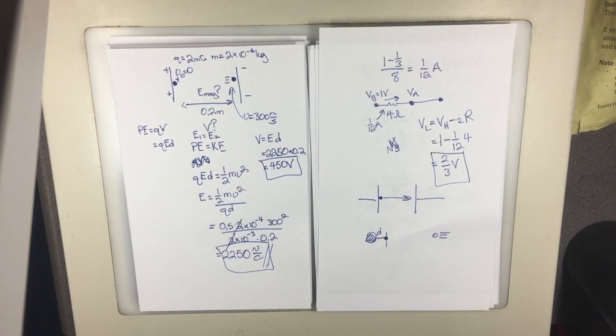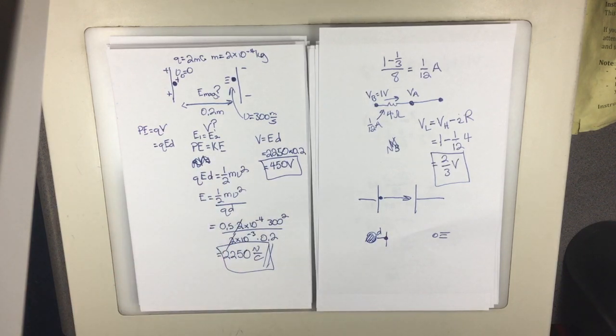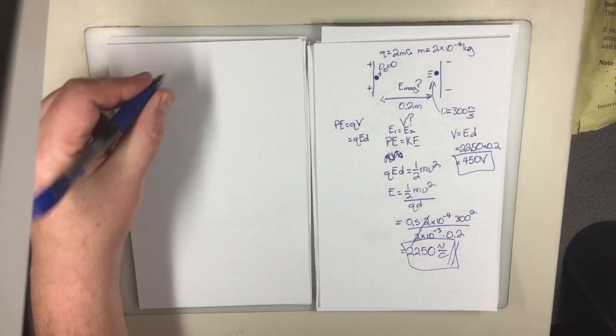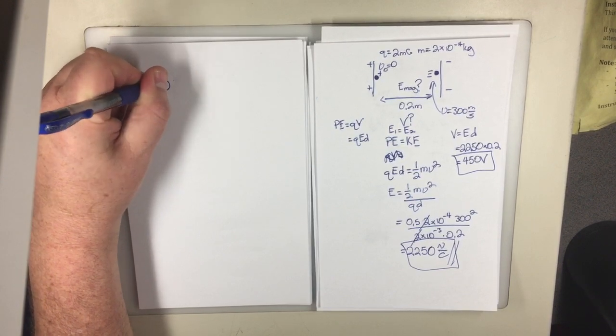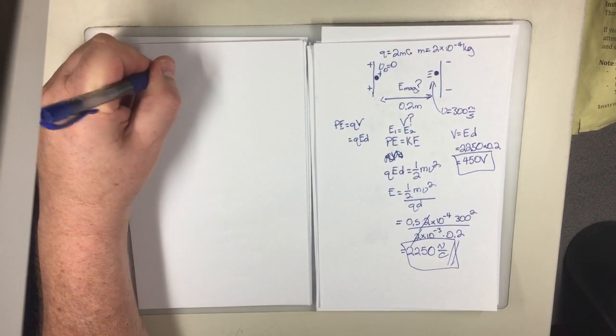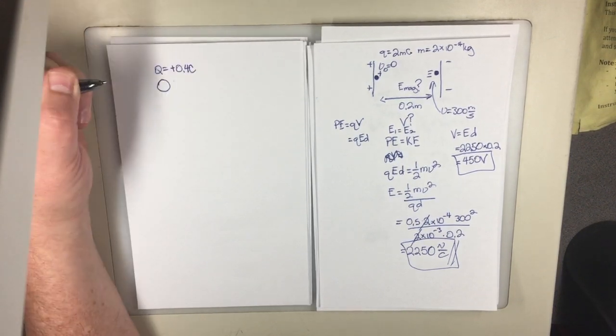Know the difference. And so for this, the way that I did things was mainly because the E field was continuous. For something like this, let's say we had a charge Q, which was positive 0.4 coulombs.